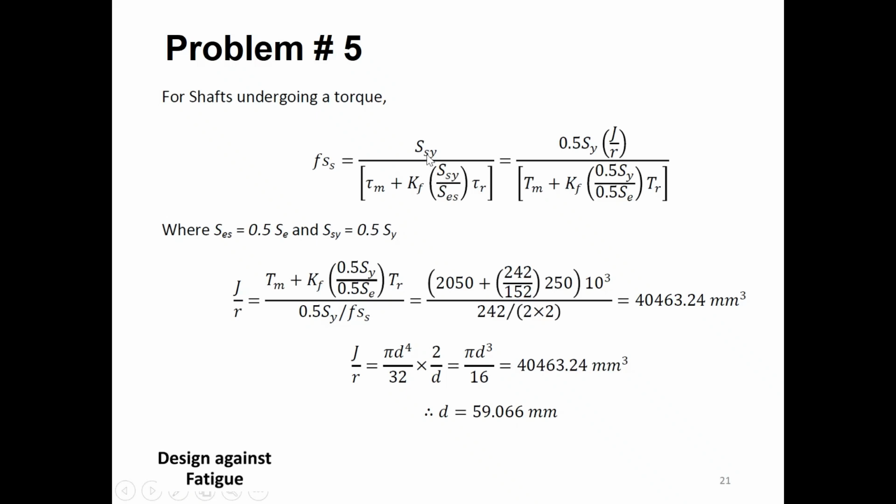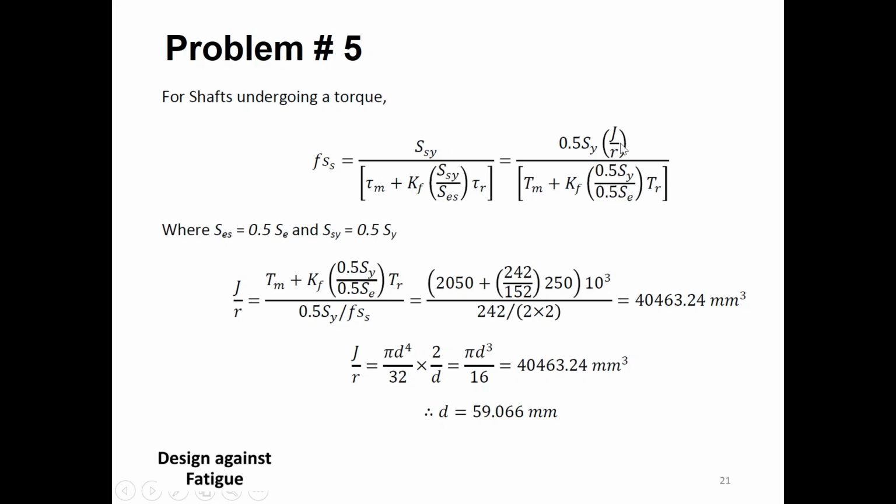So we're going to replace the yield strength in shear by 0.5 times the yield strength in the numerator and denominator, and the endurance strength in shear is 0.5 times the endurance strength based on the bending experiment. Based on this equation, the factor of safety is given, and then we can rearrange this equation in order to find the diameter of the shaft.